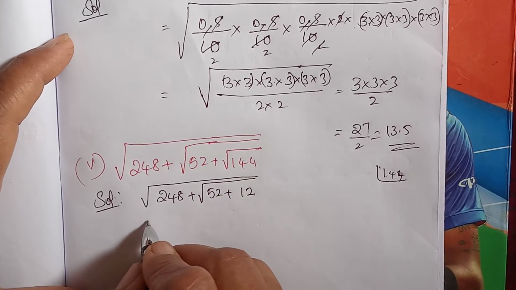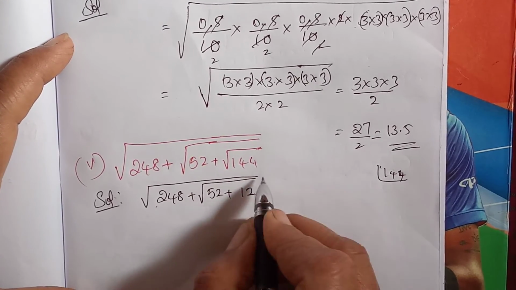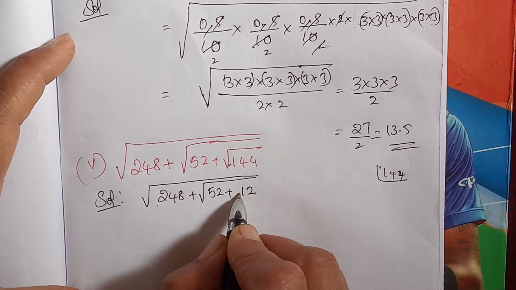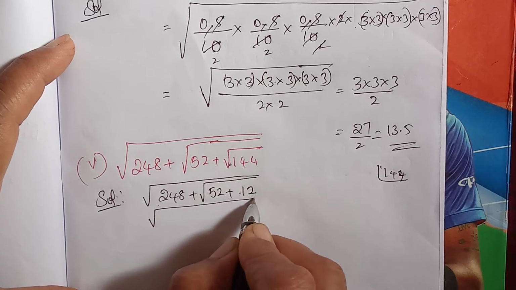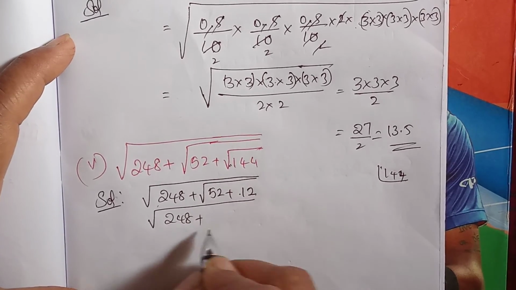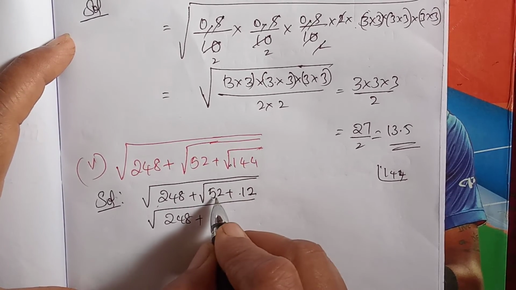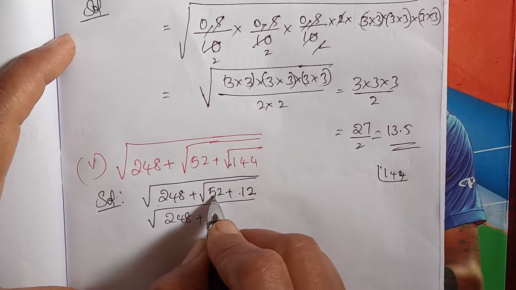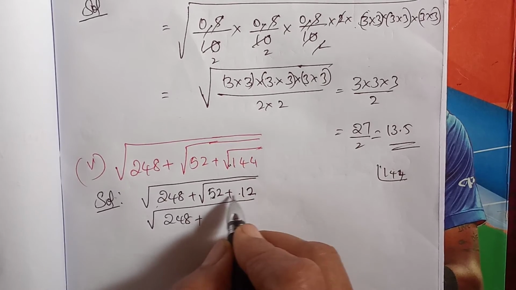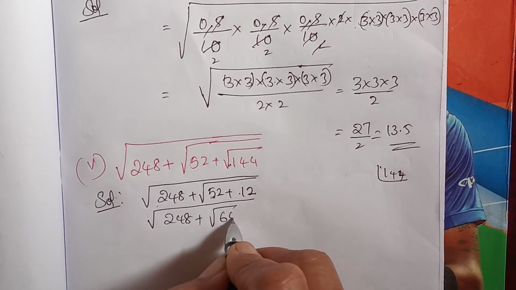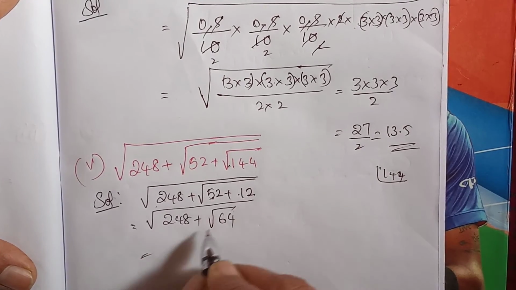Okay, next. Here again, I just removed this root and I have written the square root of 144 as 12. Now, 248 as it is I am writing, I am just adding them. How much is this? 5 and 5 plus 1, 6. 2 plus 2, 4. Square root of 64. Now I am going to remove this root.